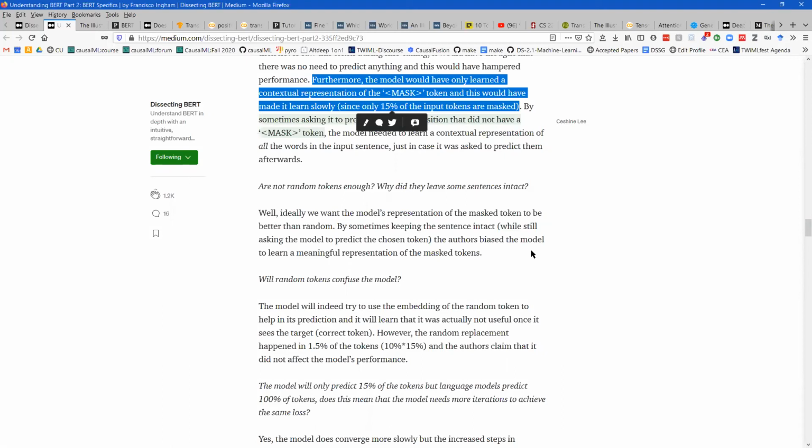So why not just give it 80% mask tokens and then the other 20% the correct word? That would make sense, but I don't understand why they sometimes put in random words. Maybe it makes it too easy for the model. I'm not sure. It might be too easy for it to predict.